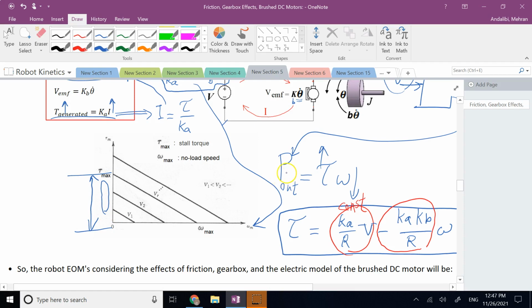And for many of these motors, there is another thing called rated torque and rated speed. These are the speed and torque points that the manufacturer thinks give you the best efficiency of the system. Looking at this curve, it might be some point in the middle, or maybe a little closer to the stall torque.